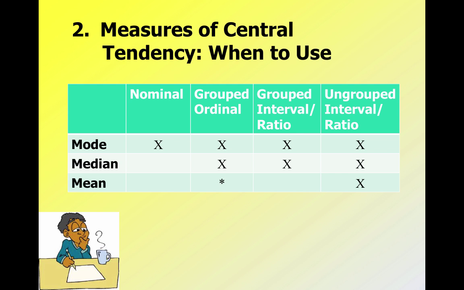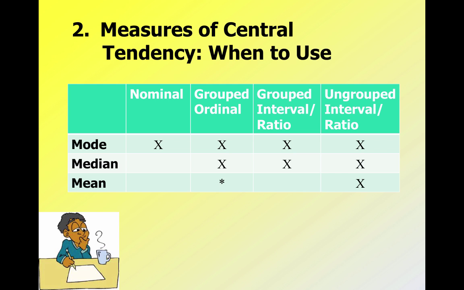So as you can see, when we have nominal variables, all we can do is report the mode. And we'll see that the mode is simply the most frequently answered response. And as we move up the level of measurement chain, from nominal up to ungrouped interval ratio variables, we can see that we can do more and more with these central tendency measures for the higher levels of measurement.